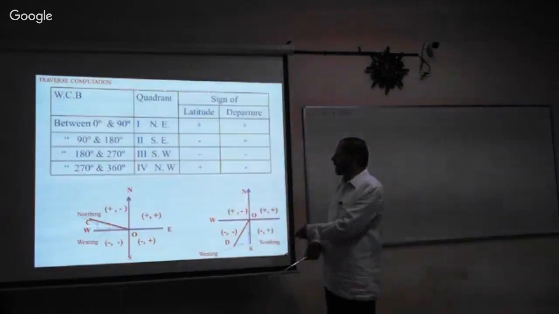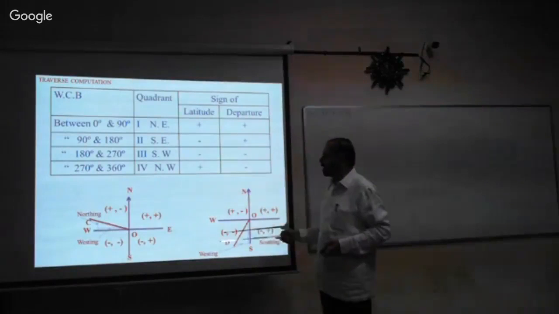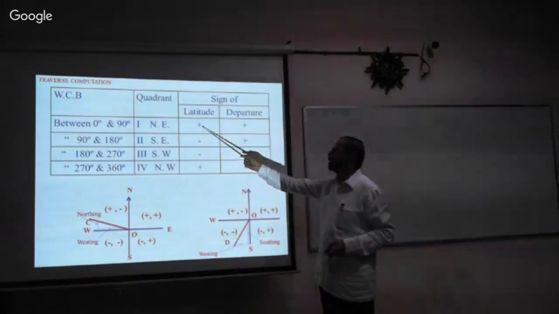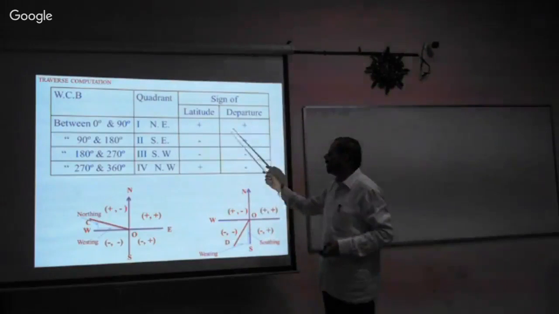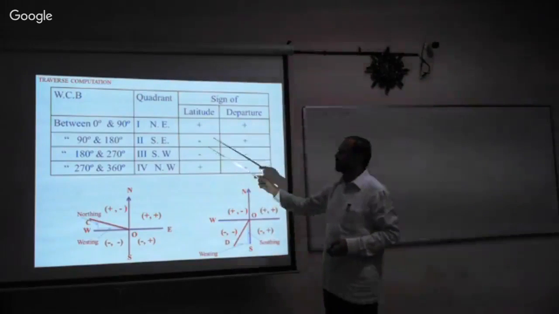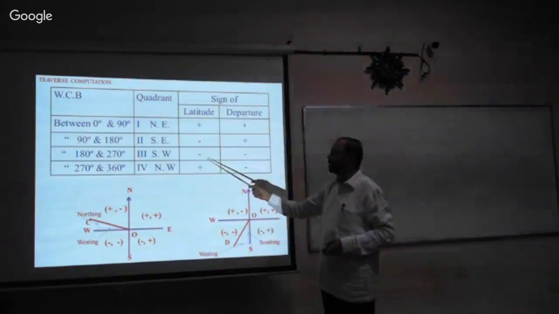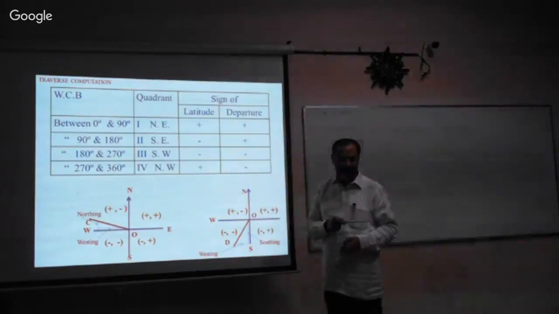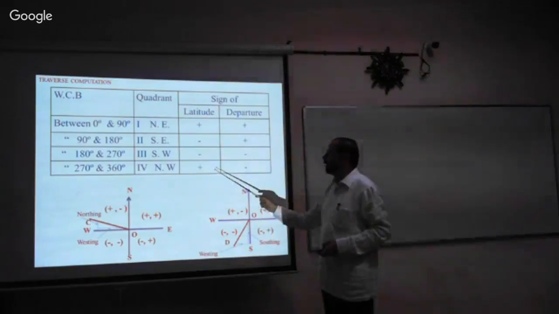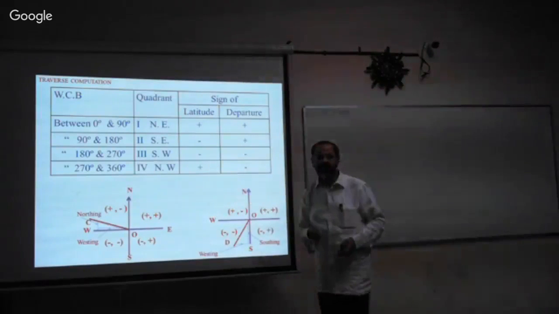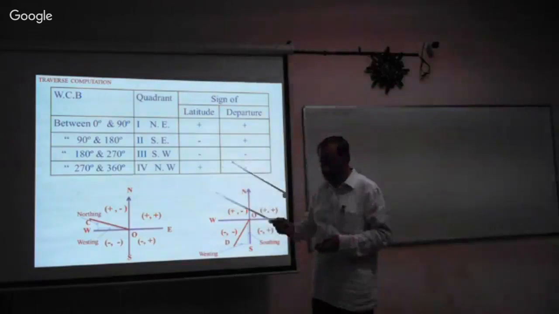In the first quadrant, latitude is positive and departure is positive. In the second quadrant, latitude is negative, measured downward, and eastward departure is positive. In the third quadrant, south and west, both are measured, therefore both are negative. And in the fourth quadrant, northing is measured in the positive direction, so latitude is plus and departure is negative.